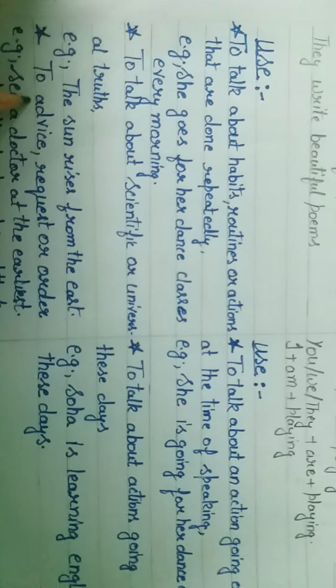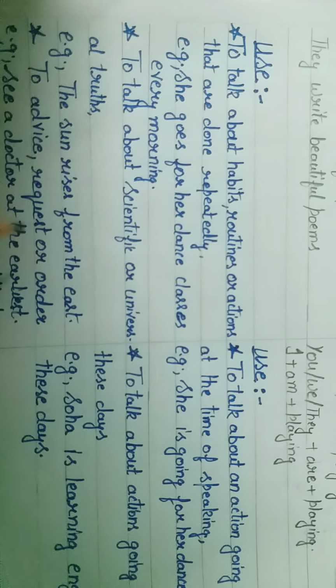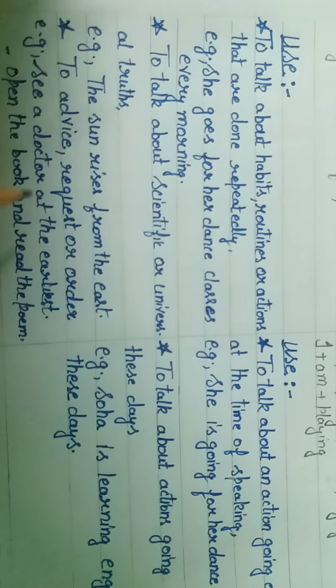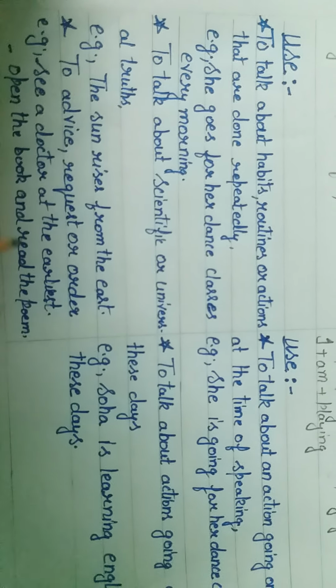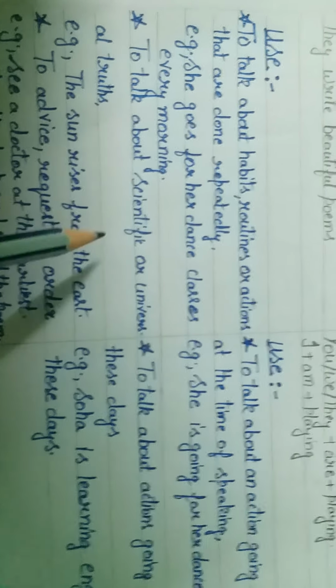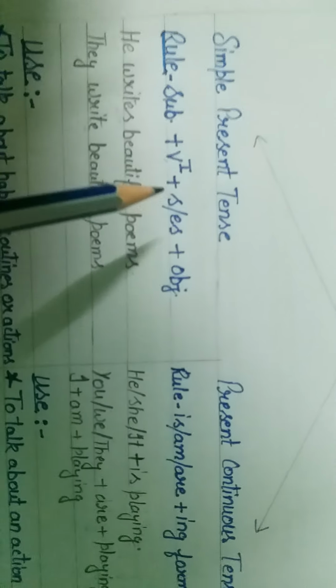The next, to advise, request, or order, means in imperative sentences we use simple present tense. Like see a doctor at the earliest, open the book and read the poem. So this way we can use simple present tense. Then what are the rules for using simple present tense?